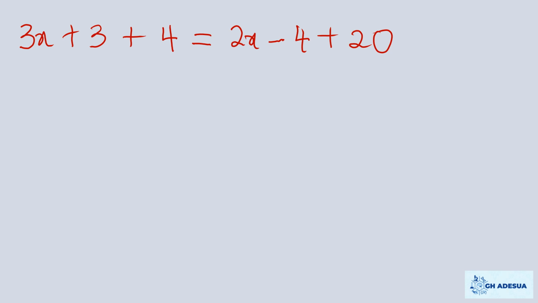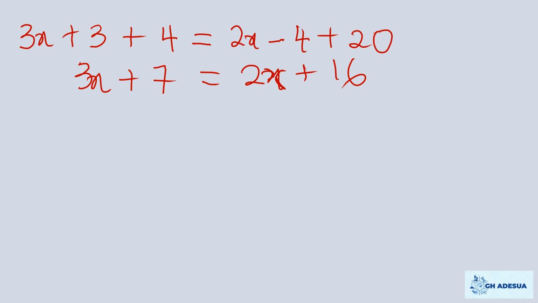Now we want to simplify. This becomes 3x, 3 plus 4 is 7, so plus 7 is equal to 2x minus 4 plus 20. If you are owing 4 and you have 20 cedis, you'll be left with 16, so plus 16. So this is what we have.